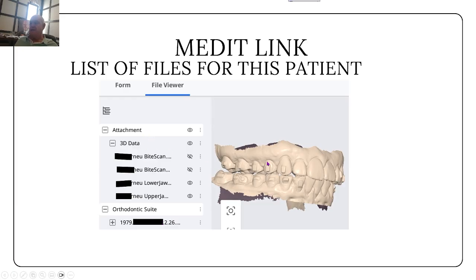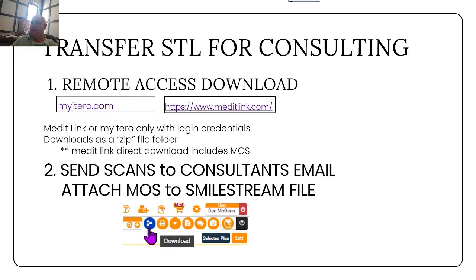So this is where you see the scan, and then on the left you have the list of files that you can turn on and turn off. That's what you have to do to get it in from another computer into Medit Link, which then gives you access to Medit Orthodontic Suite.